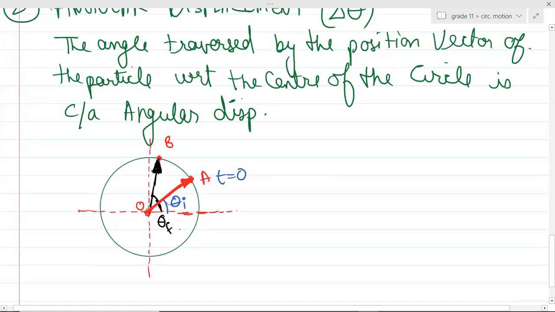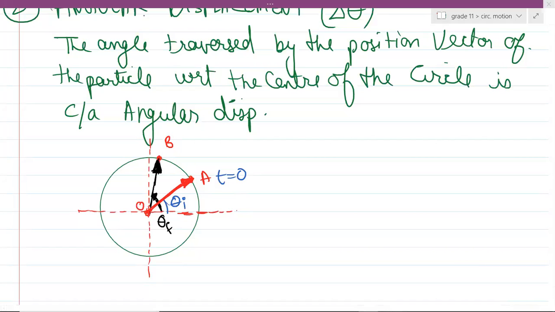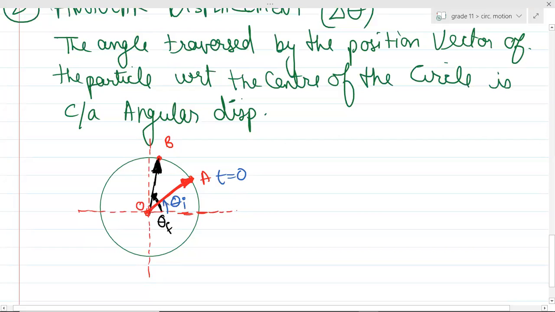So this is basically the angle theta f. What is theta i? Hello guys, what is theta i? So theta i is 90 minus.